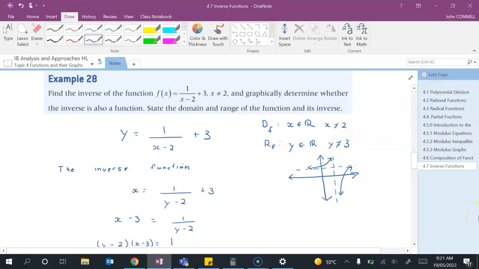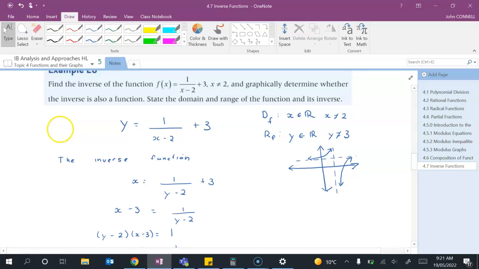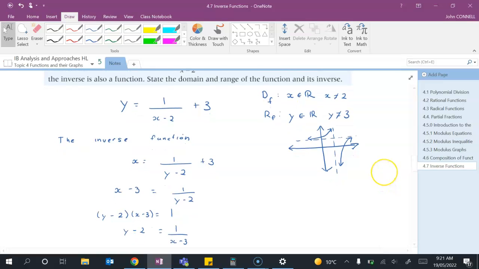Now remember when we were talking about the inverse function, we said that the range of f is the domain of the inverse, and the domain of f is the range of the inverse. So, in that case, if I'm writing down the domain of f inverse, then it's going to be x in the reals, x not equal to 3.